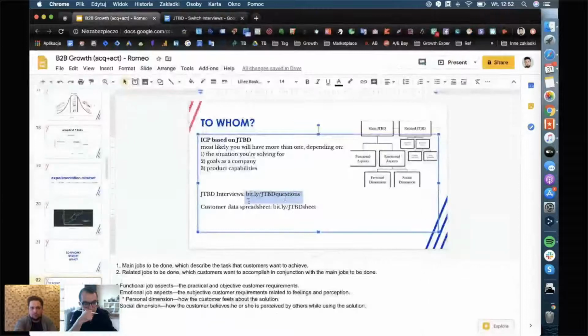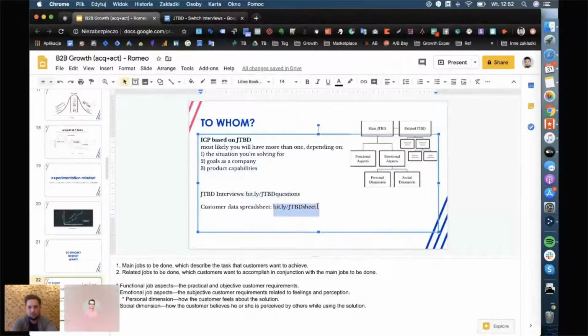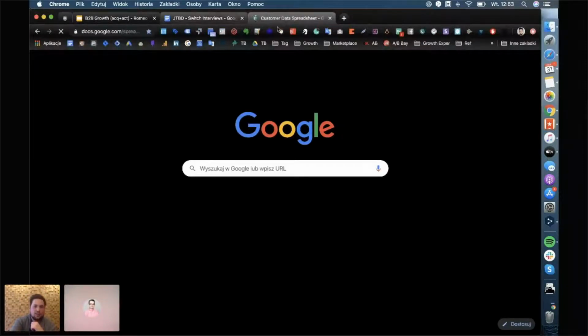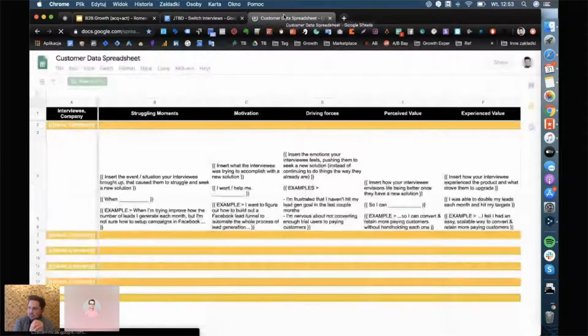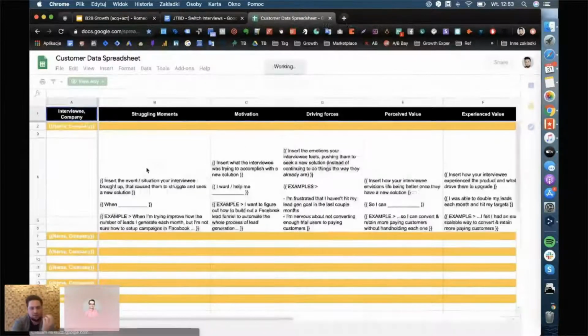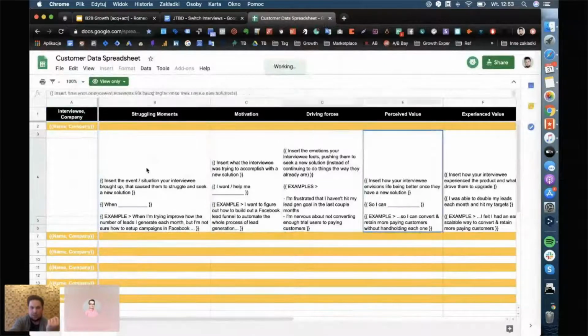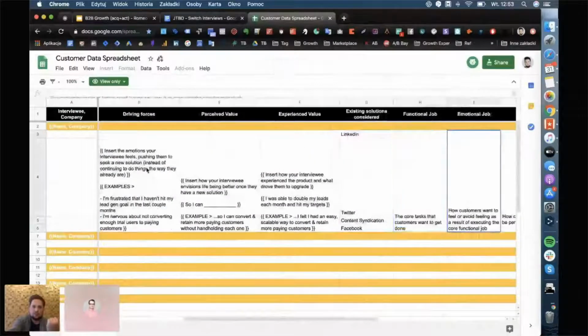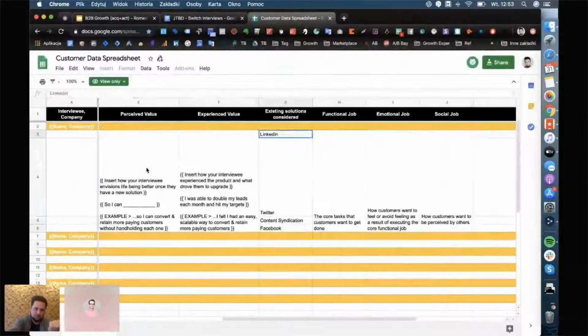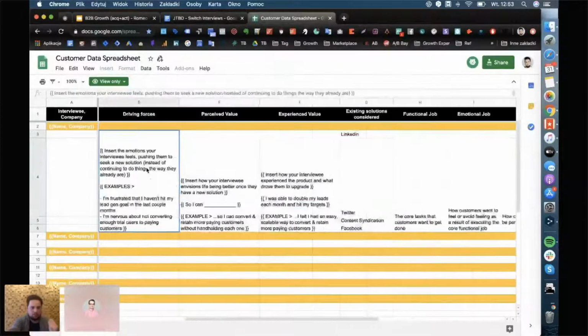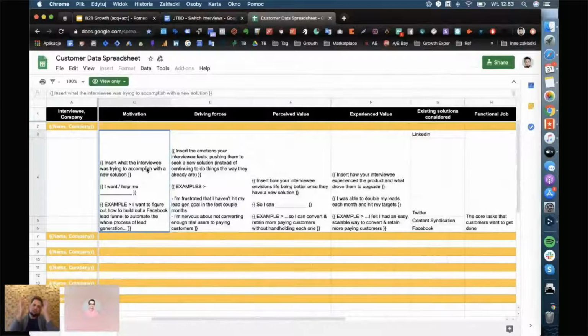So these interviews and this data spreadsheet I will share with you. Why I like it so much is because this methodology is very methodical. And here you got very specific personas, very specific people that you are talking to, and identifying what's their emotional, functional, and social job. And by this approach, you are able to take that, do analysis, and try to identify these patterns.